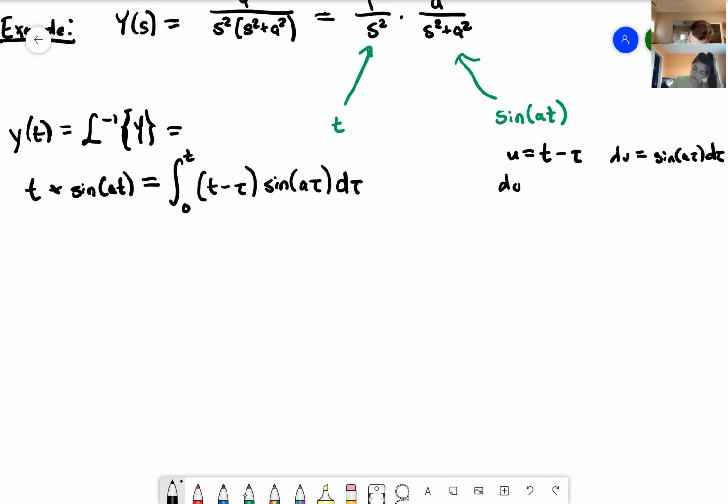And so du is negative d tau, and v is negative 1 over a cosine.